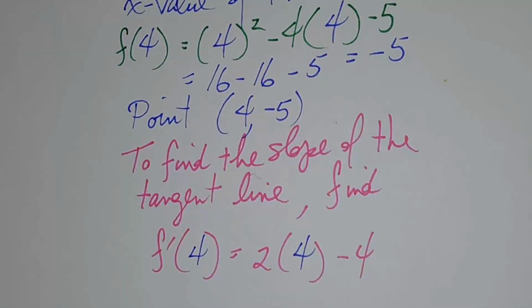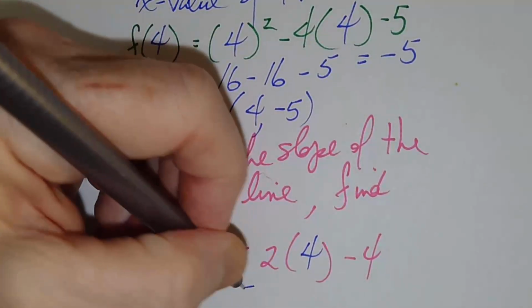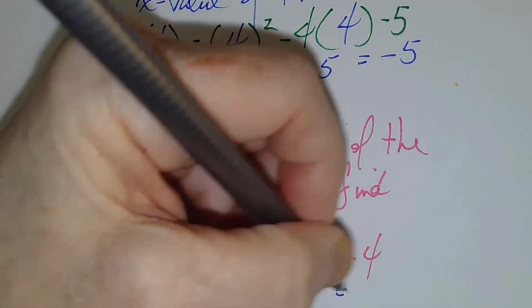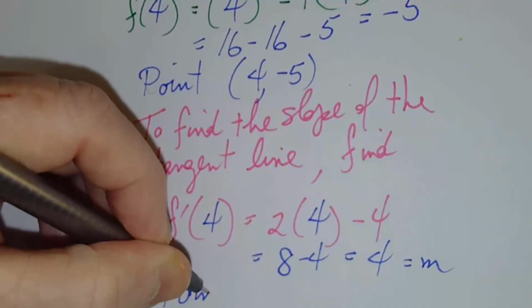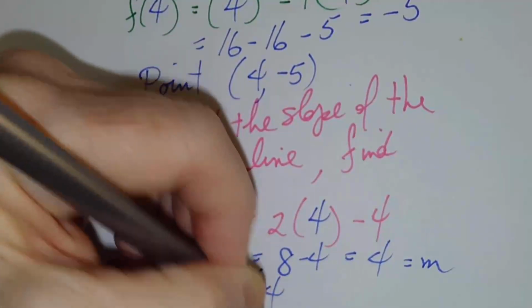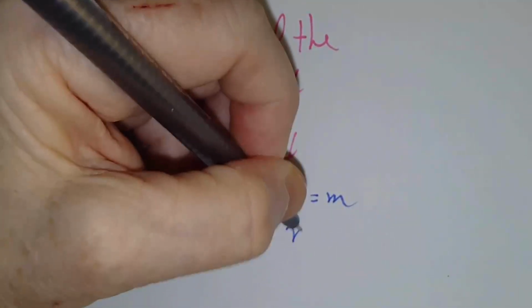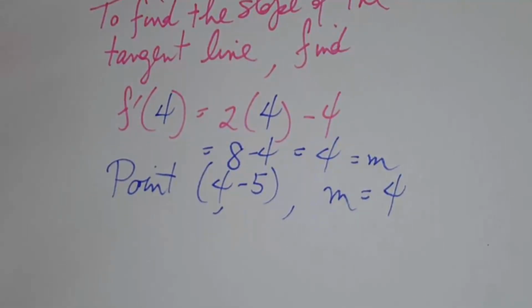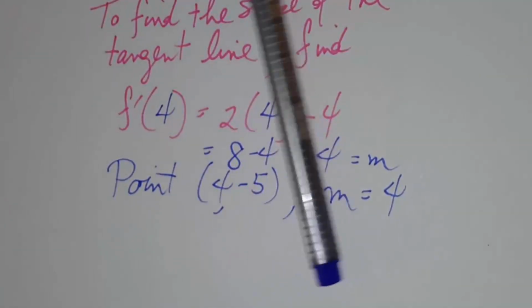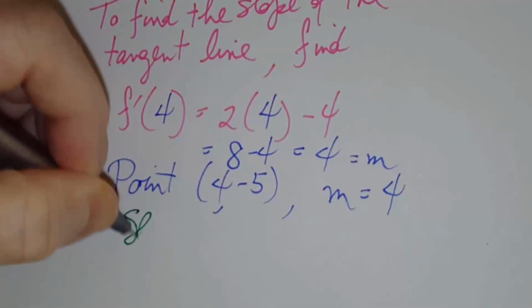This will not give me a y. This will give me the slope, m. So we get 8 minus 4, which is 4. So now we have a point, 4, negative 5, and we have a slope of 4, and we're going to use the slope-intercept form of a line.